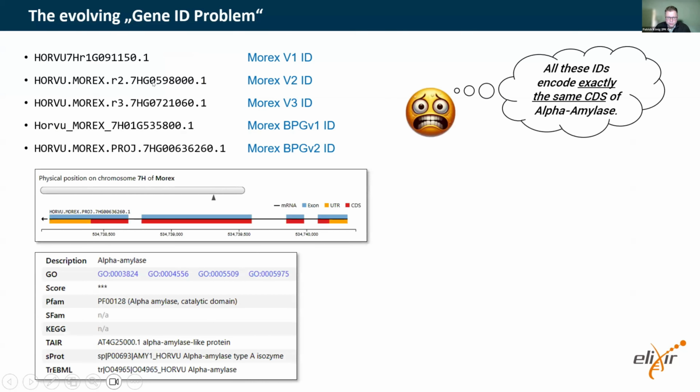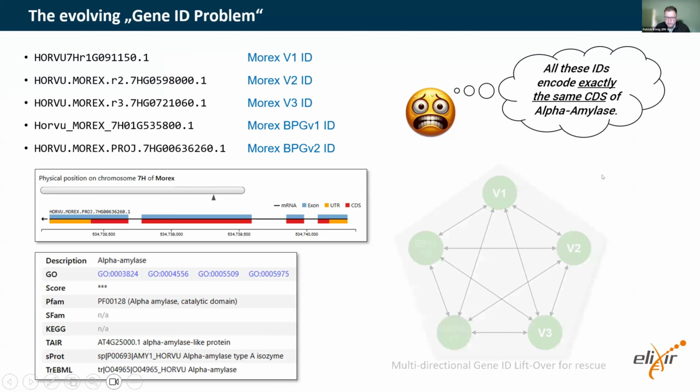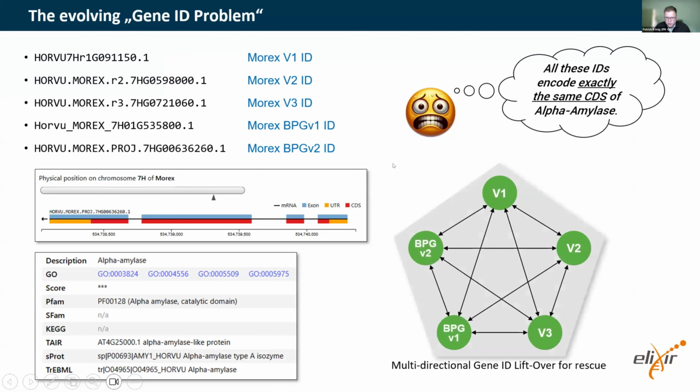For example, all those IDs you can see on the top left are encoding the same gene, which is alpha amylase. And to overcome this problem for the researchers, breeders, and scientists, we have developed a so-called gene ID liftover between all the different versions of the gene annotation.